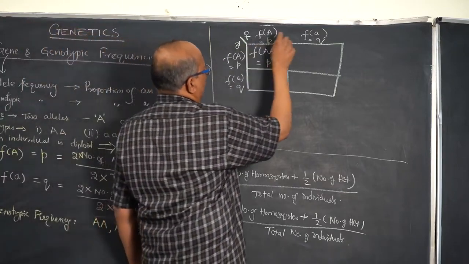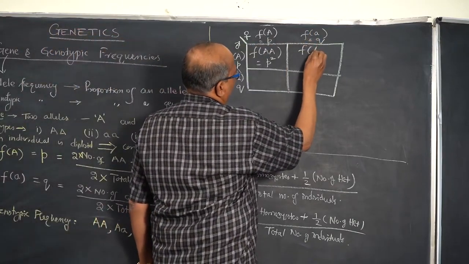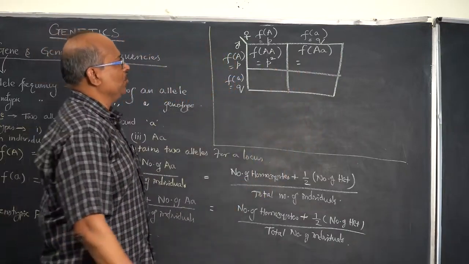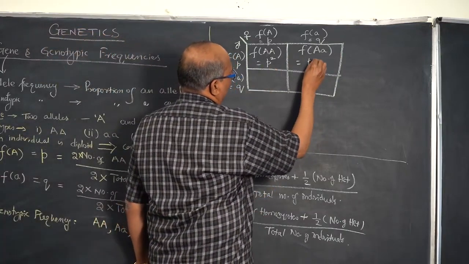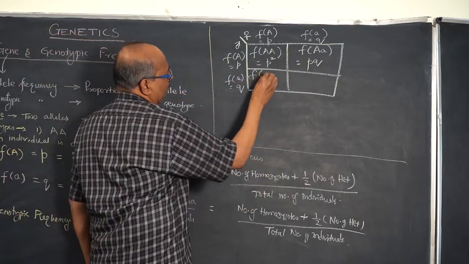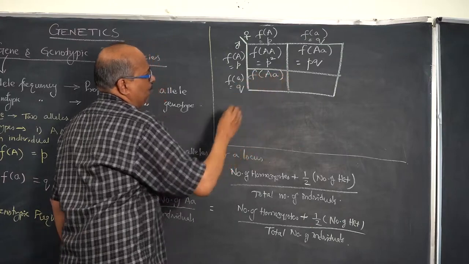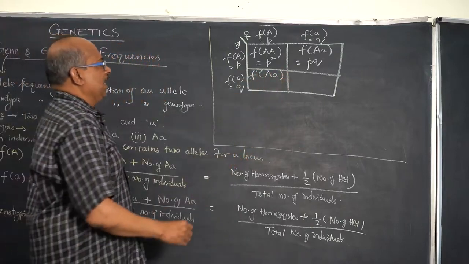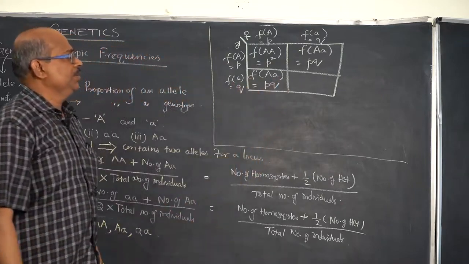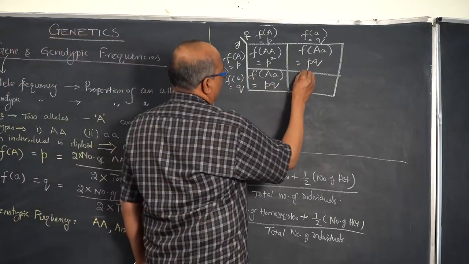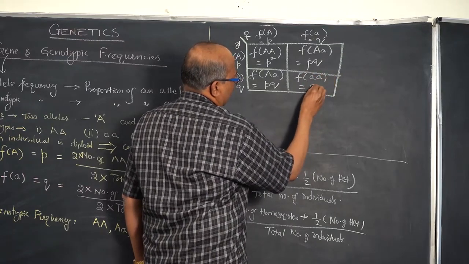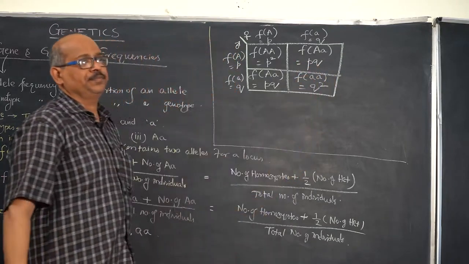The second one is this: P times Q, which is PQ. Third one, frequency of capital A small a, again it is PQ. And finally, frequency of small a small a, which is Q square.